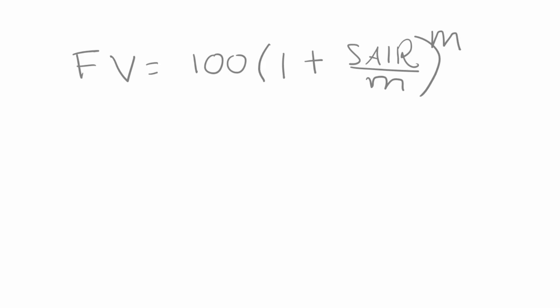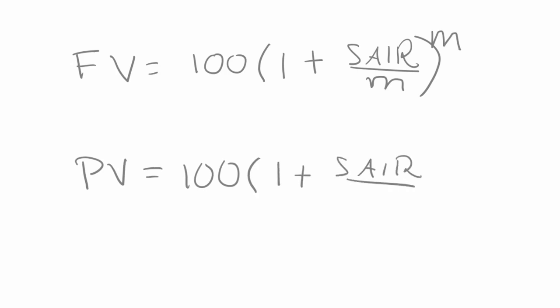We can also have our present value. So what's the present value of $100? The present value is $100, and now we're going to divide by this. Well, that would be kind of a mess to put in the denominator, so we'll just use minus M. And if we want to have this going on for T years, we just stick a T over here. This is M times T.